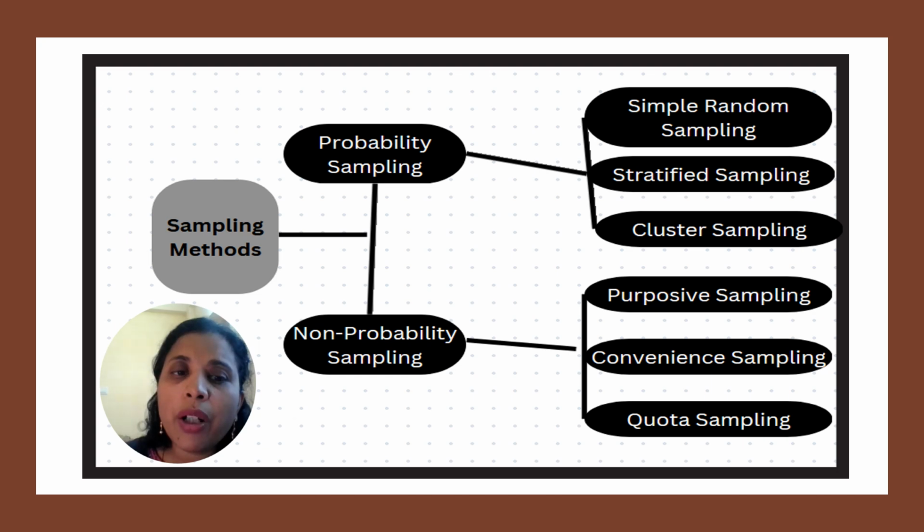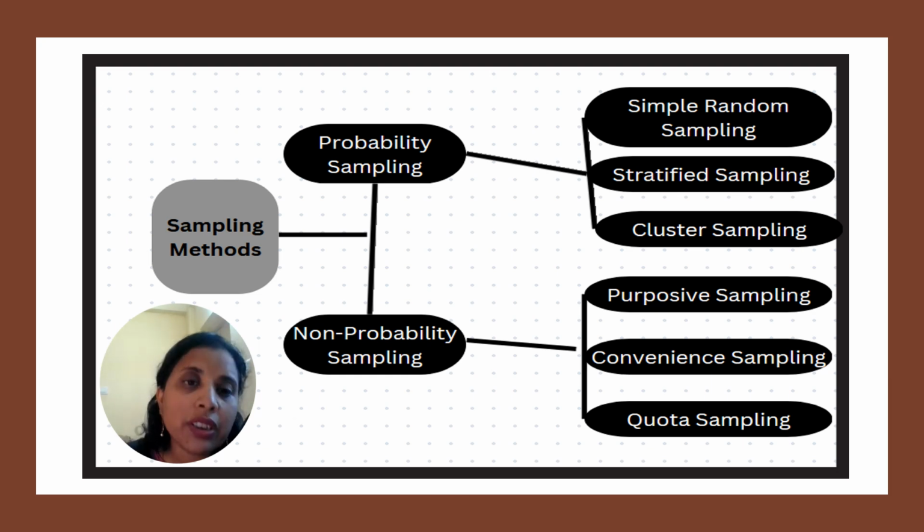Probability means you are sure of your whole population being covered in your study, whereas in non-probability, you are unsure whether you will be covering the whole population in your study.